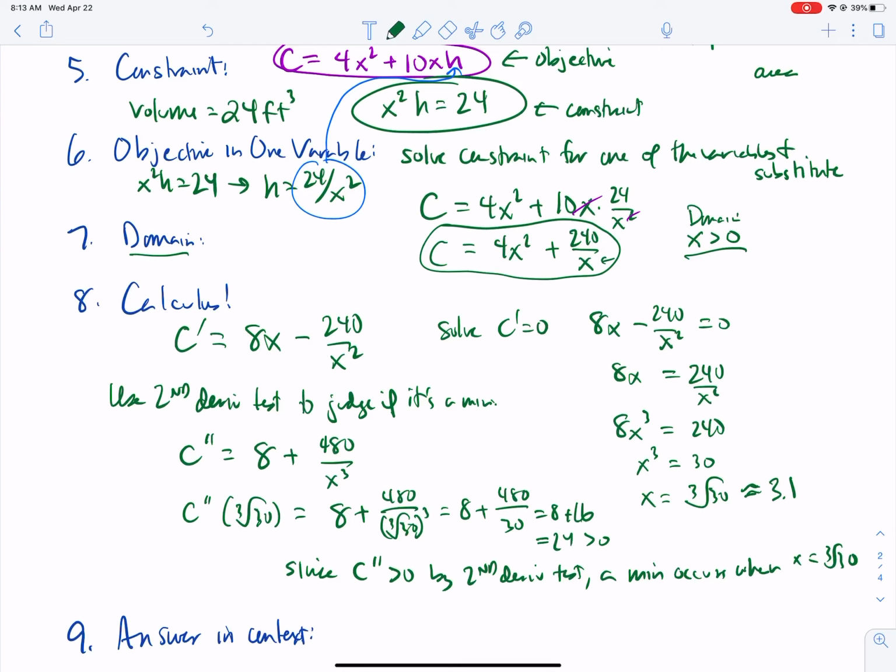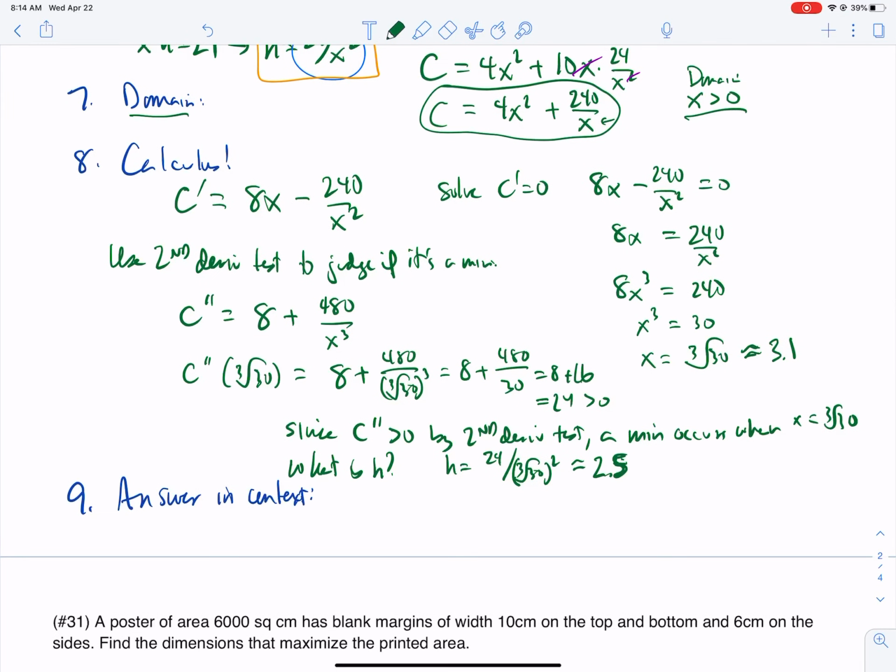But I should go back and determine what h is, because I was asking what the dimensions were. So I want to make sure I'm going to answer my question. What is h? Well, back up here, we said that h was 24 over x squared, and so I can determine what h is. h is going to be 24 divided by the cube root of 30 squared, and this turns out to be about 2.5 to 1 decimal place.